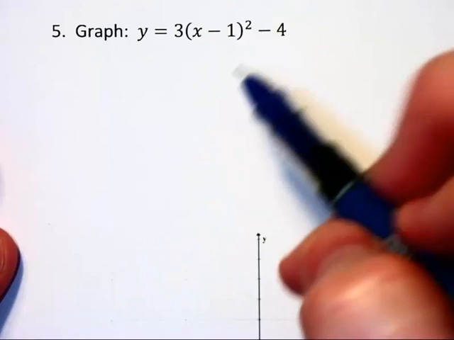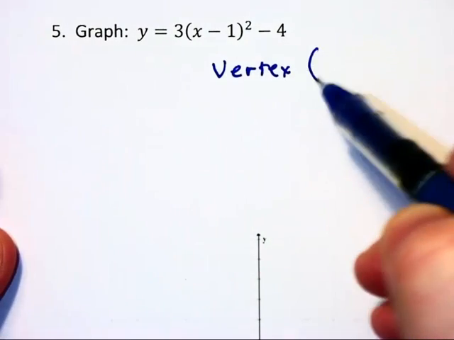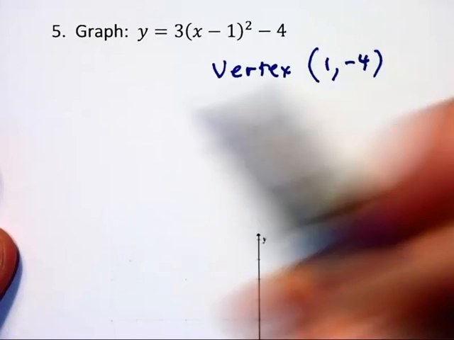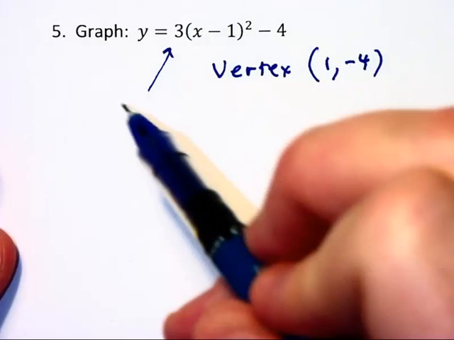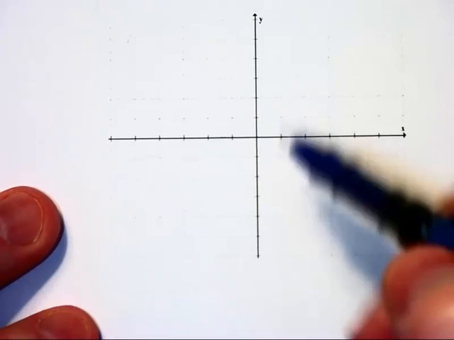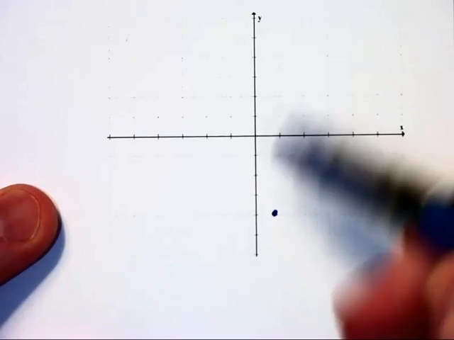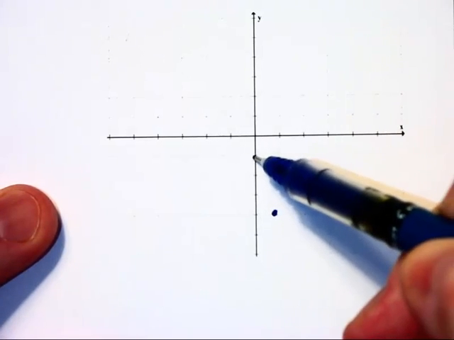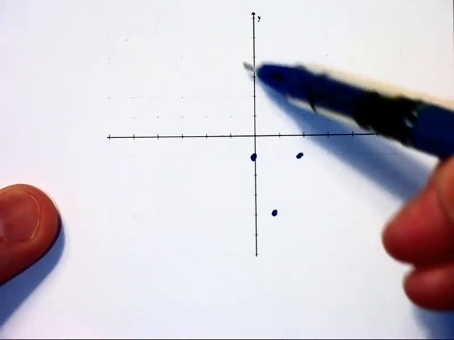For this next problem, the vertex is going to be located at +1, -4. We have a +3 for this value out in front, telling us it's going to open upward. So let's plot 1, -4, our vertex, down here in the 4th quadrant, and our kind of slope of 3 says we can rise 3 and run 1 in each direction and get 2 more points that'll be on our graph.